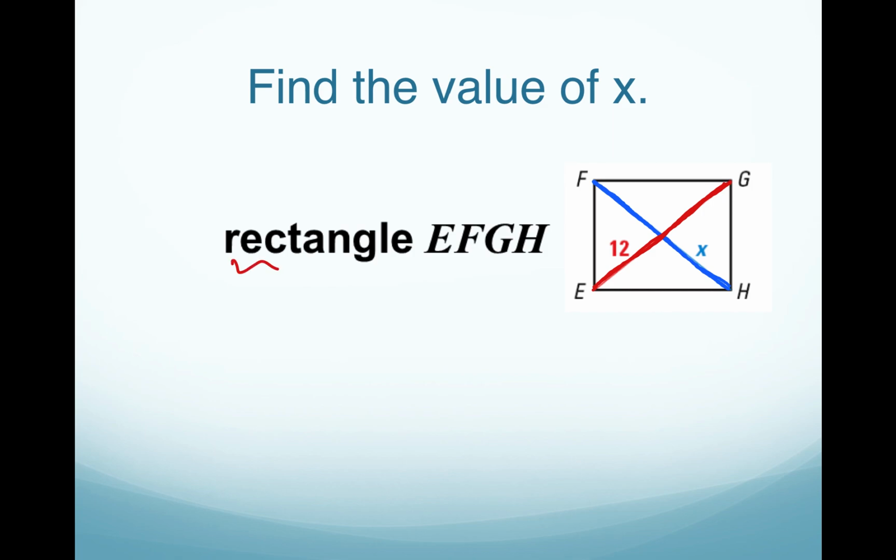First of all, this is a rectangle. What do I know about rectangles? From theorem 6.11, the diagonals of a rectangle are congruent. So diagonal EG is congruent to FH. EG is 12, which means FH also has to be 12, so x is equal to 12.